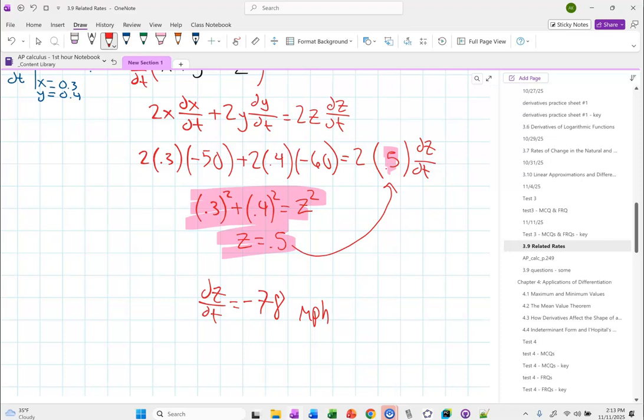This is the only example problem from 3.9 I wanted to do today. You guys still have your 3.9 papers that I gave you guys? If you didn't get some or you lost them, I have a stack over here. There's 3 papers. They're collated. I didn't have time to staple them, and I'm not going to staple them now because I feel like I've given them to everybody already.